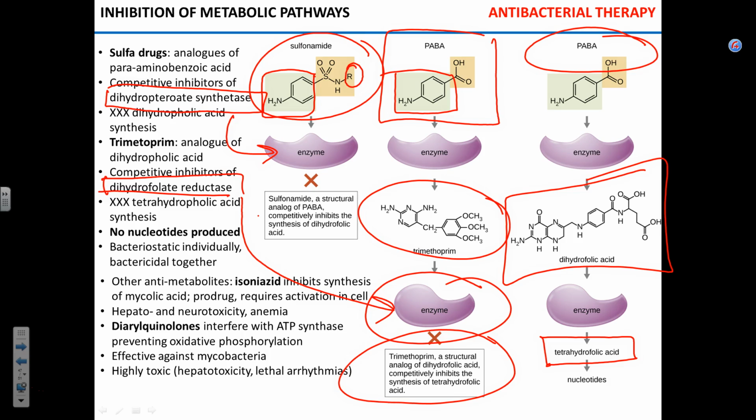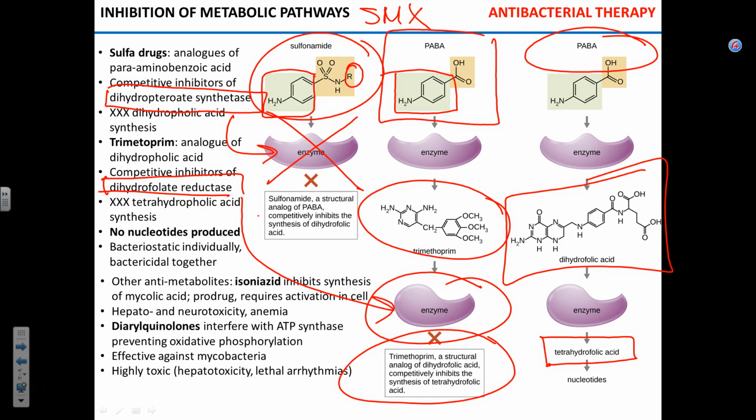So sulfonamides, let's use sulfamethoxazole, SMX. Sulfamethoxazole inhibits dihydropteroate synthetase. Even I have problems saying that.